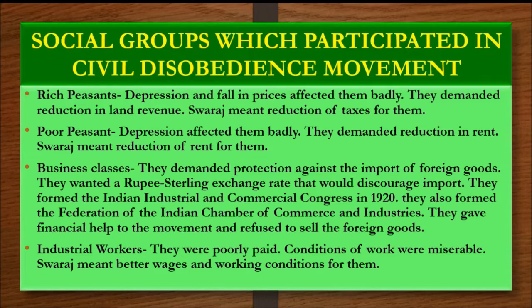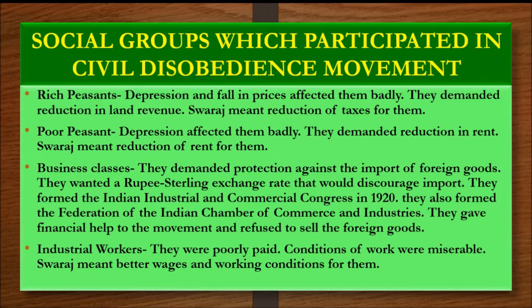The last group is the industrial workers. The industrialists, in order to demand their rights, formed the Indian Industrial and Commercial Congress in 1920 and the Federation of the Indian Chamber of Commerce and Industries in 1927.